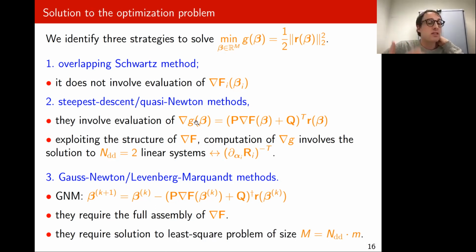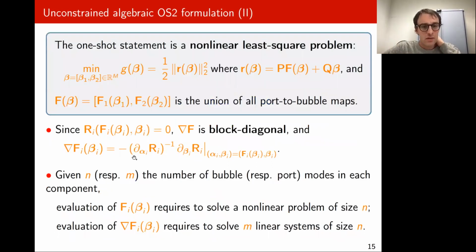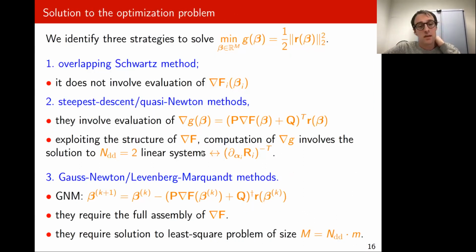However, exploiting the structure of the gradient of f, the computation of grad g involves the solution to just 2 linear systems. This is because we don't need to assemble really the gradient of Fi, but we just need to compute one linear system associated with this inverse. The third class of methods are Gauss-Newton type methods.